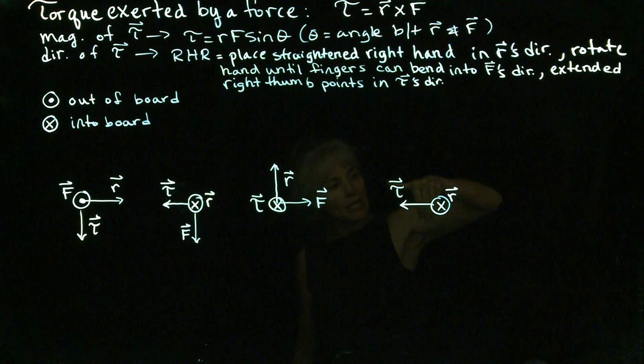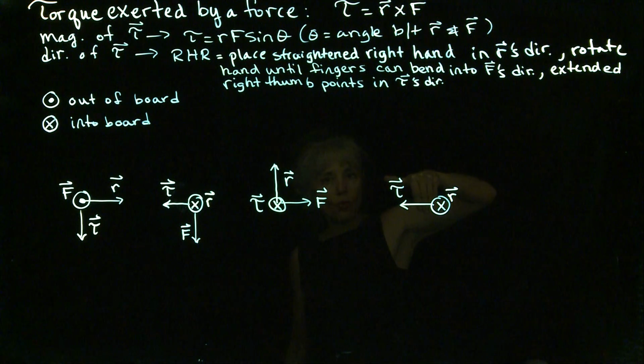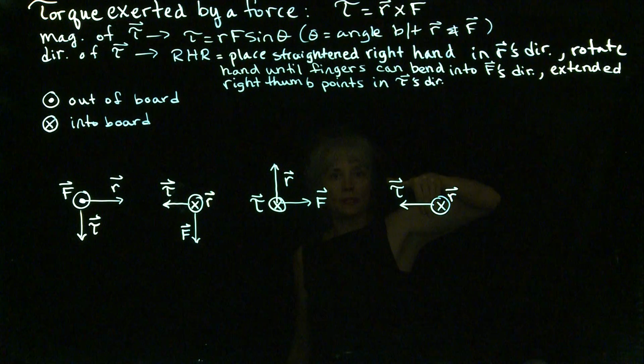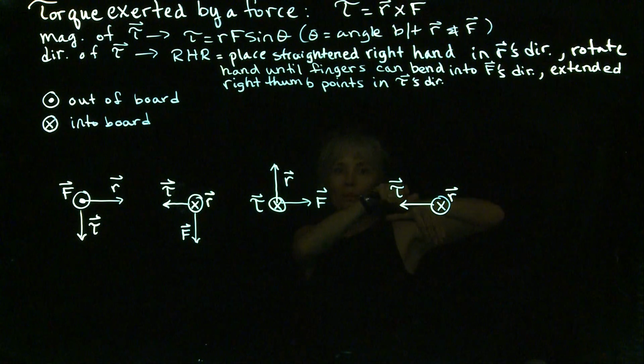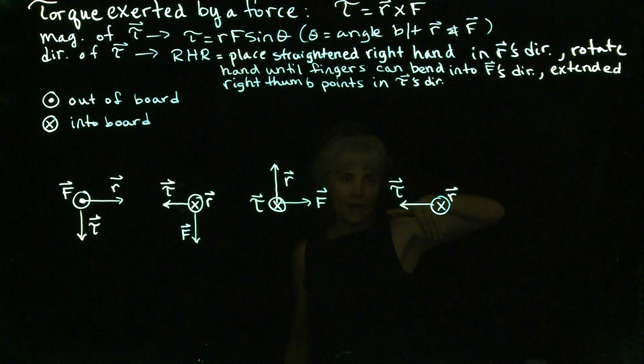Notice that when all is said and done, my right hand forms a right-handed coordinate system where my palm is one vector, with the knuckles of my palm being the arrow of that vector and the base of my palm being the tail of that vector r.